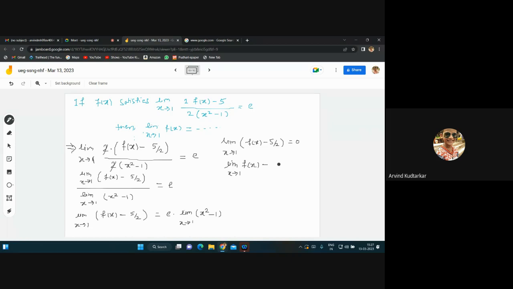Where there is x, we can apply the limit as x tends to 1, so limit of f of x minus pi by 2 equals 0. Which value do you want? The limit of function of x as x tends to 1, it is pi by 2, shifting that to the RHS. So the limit as x tends to 1 of function of x is equal to pi by 2. So this pi by 2 is the correct option.